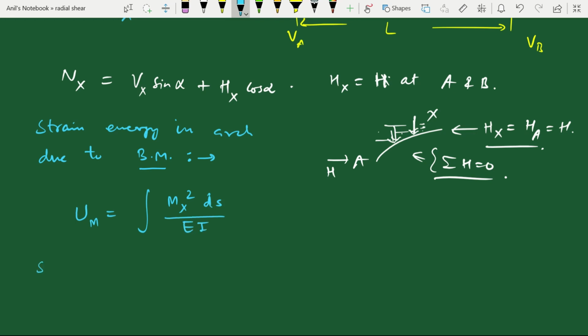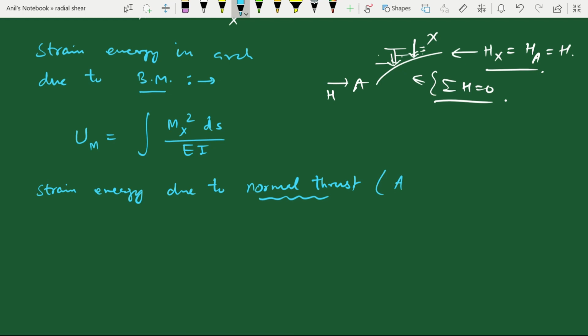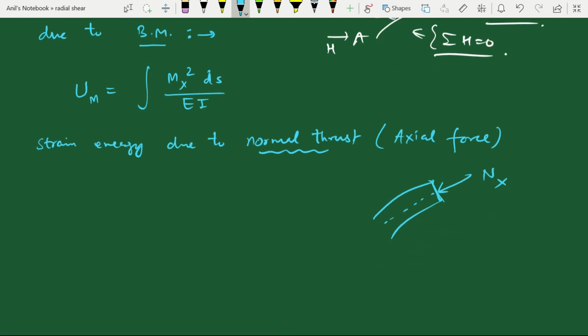And then we have strain energy due to normal thrust, which is essentially like an axial force because it is acting along the axis of the arch, and that can be given by Un is equal to integration of Nx squared ds upon 2AE.